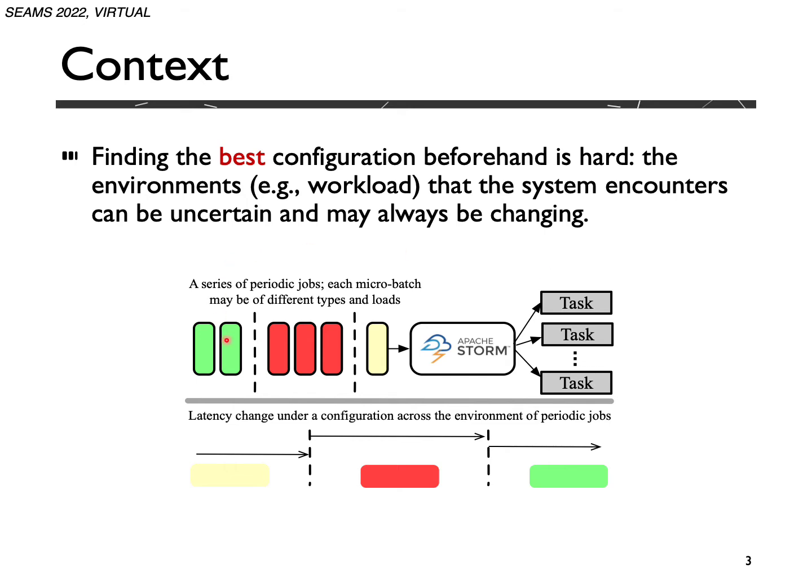At runtime, you receive different kinds of jobs, highlighted by different colors, representing jobs of different types or loads. If you apply a fixed configuration, the consequence is likely that the performance keeps varying, and very likely it doesn't satisfy what is required in terms of the non-functional attributes.